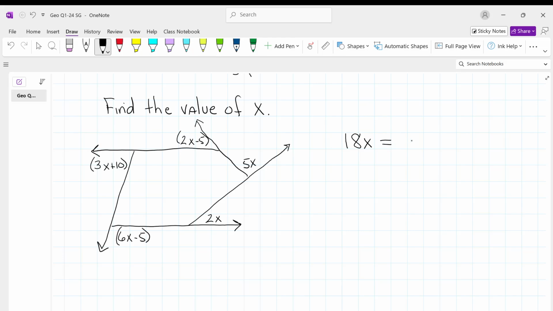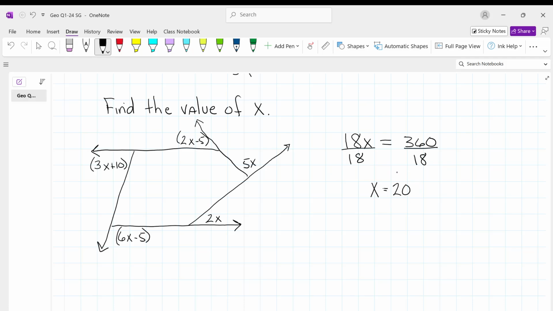Well, the sum of those angles is 360. So if you divide each side of this by 18, then our x is equal to 360 divided by 18, which is 20. So your x is equal to 20.